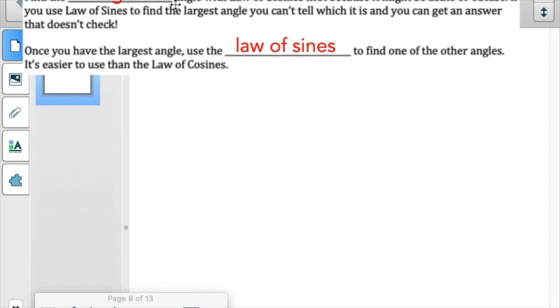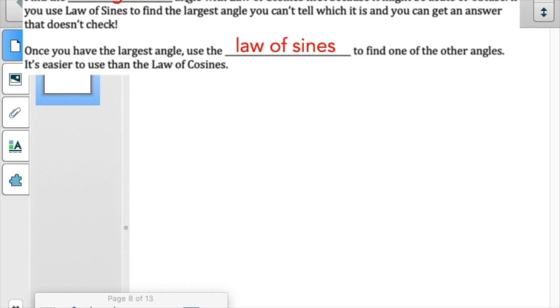And if you try to use law of sines to find the largest angle, you can't tell what the angle is, okay? So we always need to find the largest angle with law of cosines. And then once you find the largest angle, we can use the law of sines to find the other angles.